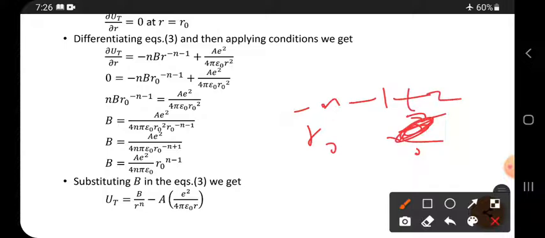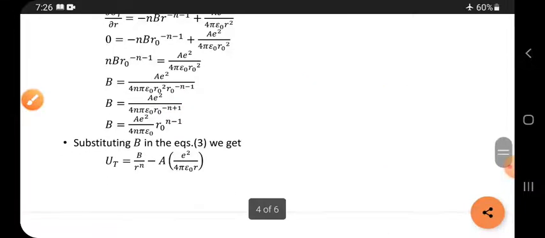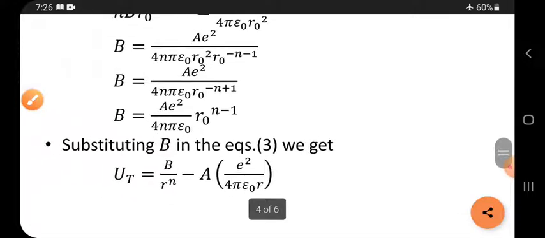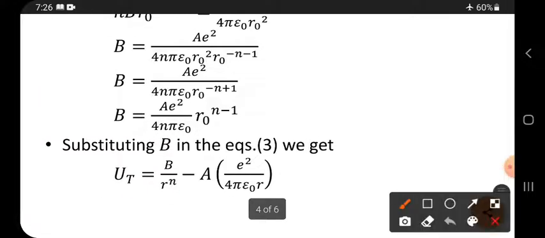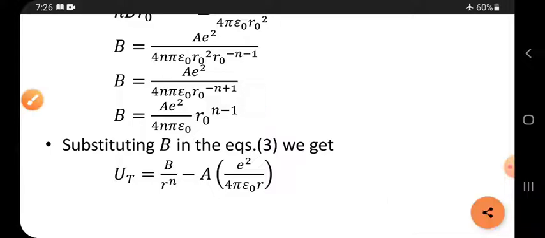Plus 2 minus 1 plus 1 becomes plus 1, and bring it into the numerator. Now this minus can become plus and plus can become minus while bringing it into the numerator, then only those two values change like this. Now we got the b value, and substitute this b value in equation 3.